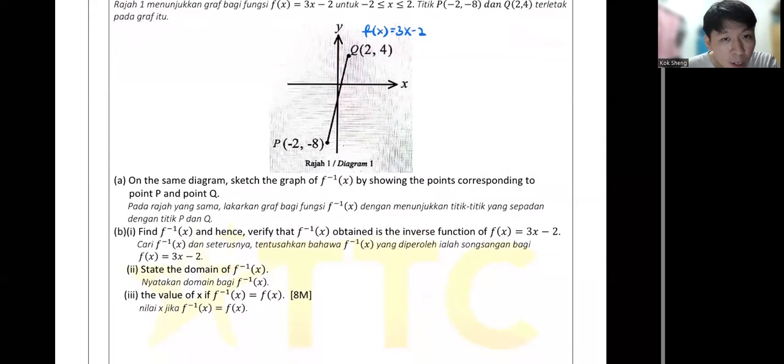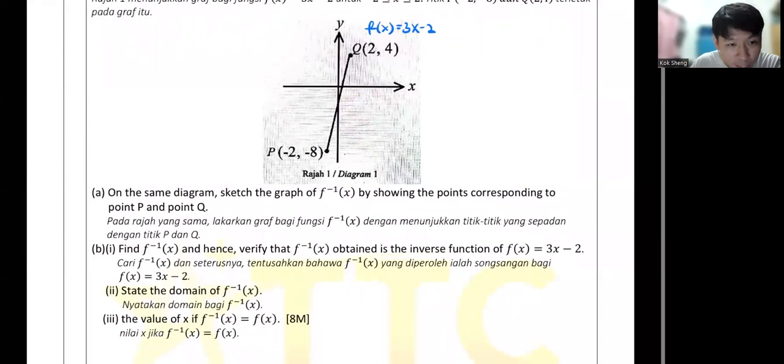Okay, so now question A, we can start already. On the same diagram, sketch the graph of f negative 1 of x by showing the points corresponding to point P and point Q. So what you need to do is draw the graph on the paper, and then show what the changes of the points P and Q are for the new graph.